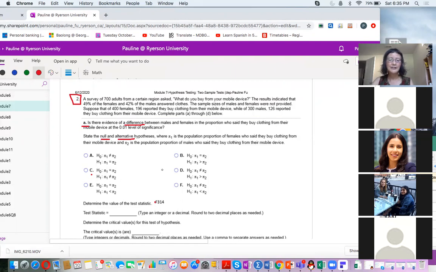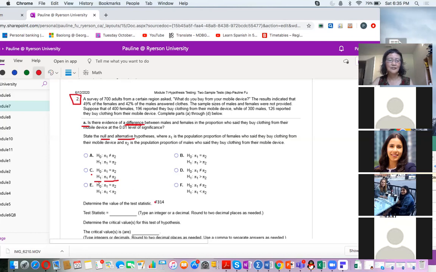So A, B, C, D, E, F. Which one has not equal in H1? Because this is a difference, H1 has a not equal sign. See, this one has H1 not equal. Okay. And do you have any other things showing that H1 is not equal?